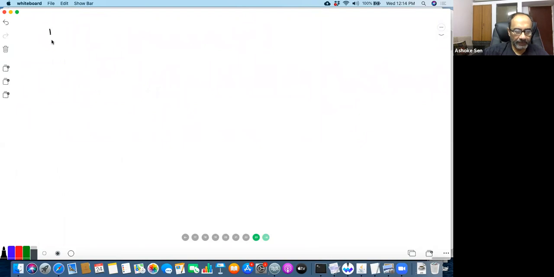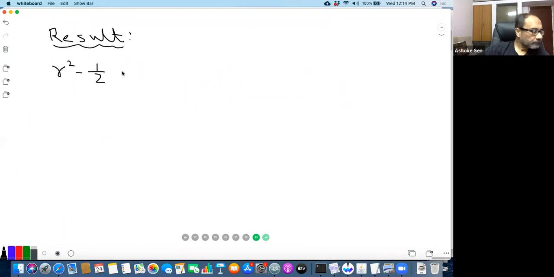So the result that we will get, and if you are willing to do the calculation, you should be able to verify this, is a result gamma squared after adding minus half, something is wrong, minus half plus omega 1 omega 2 log lambda square.